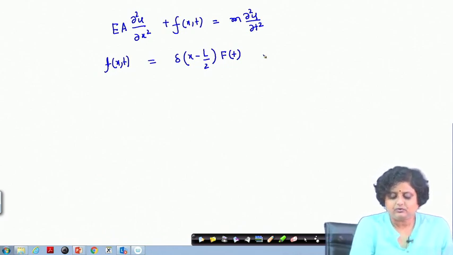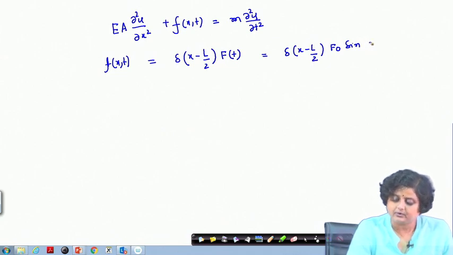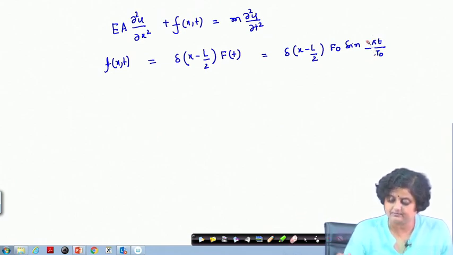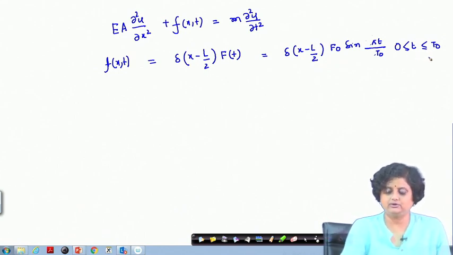So, this can therefore be written as delta(x minus L by 2), and f(t) is going to be F0 sine of pi t by T0, where t is between 0 and T0, because the force is acting only between 0 and T0.